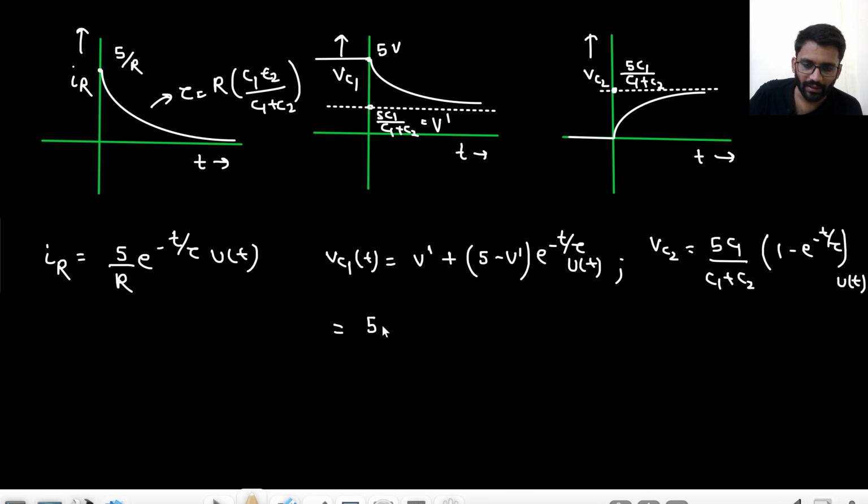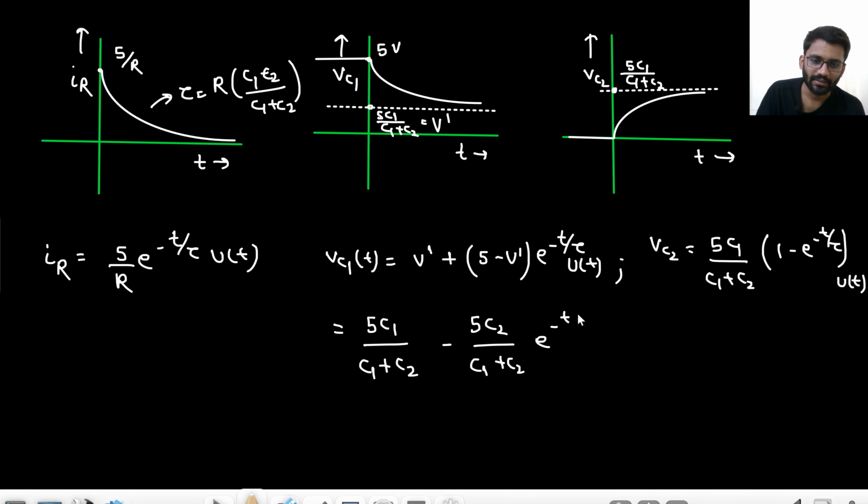We can decay it down to the value of V dash, that is 5 C1 upon C1 plus C2. Here we will have 5 minus 5 C2 upon C1 plus C2, I guess, e to the power minus t upon tau u(t), like 5 minus V dash, right?